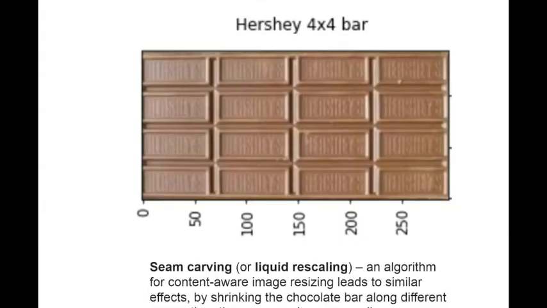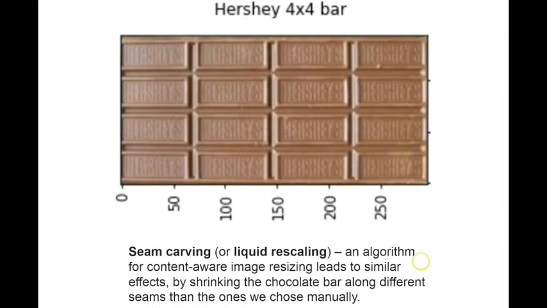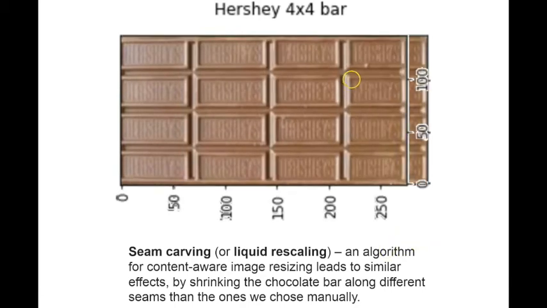Okay, so in one example, the seam that we have here may be a bunch of vertical lines, and those vertical lines are going to be removed in order to get this new grid.